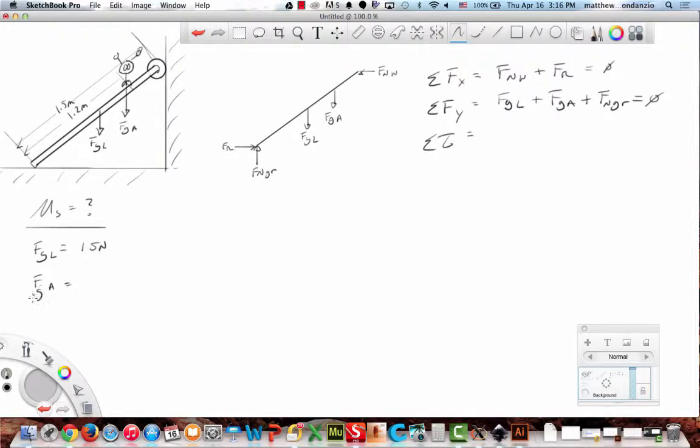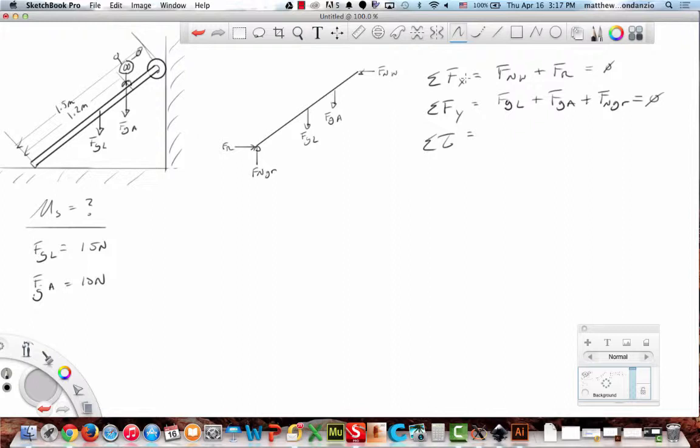So I've given you two values. So in the first equation, the forces in the x direction, do you have the friction force or the normal wall force? No. So right now, that sum of the forces in the x direction equation is useless to you, isn't it? However, you need to ultimately use it. Why?